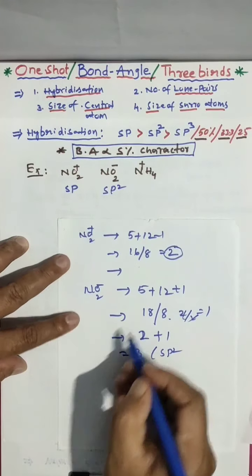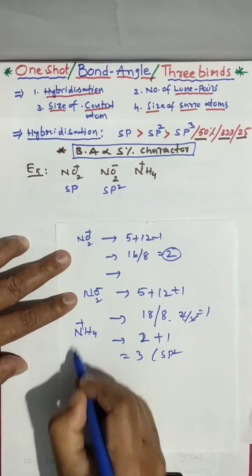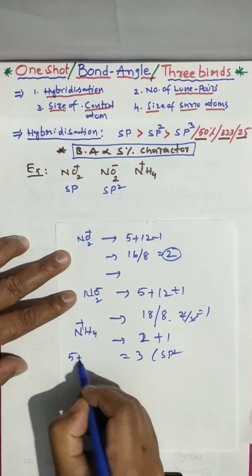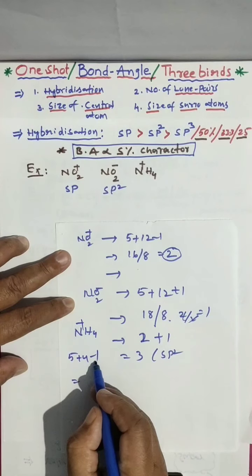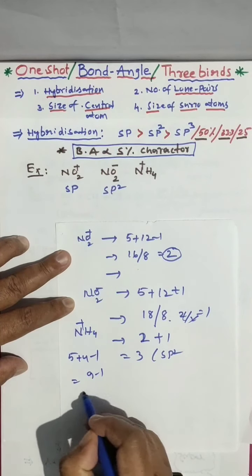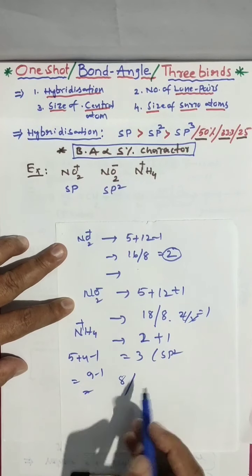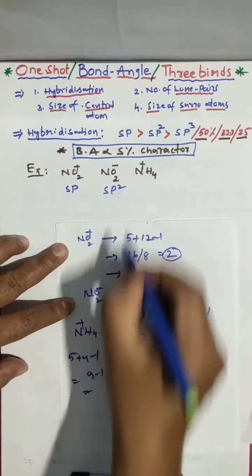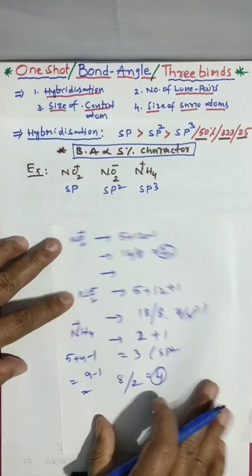Then go for NH4 plus: nitrogen 5 electrons, hydrogen 1 into 4, 4, and here you have plus, so minus 1. 9 minus 1, 8. If valence electrons are equal to 8, divide with 2, then you get 4 hybrid orbitals, sp3. So like this you have to calculate.